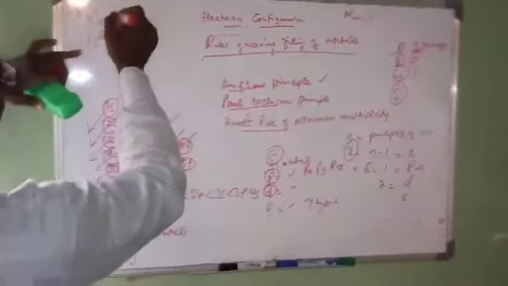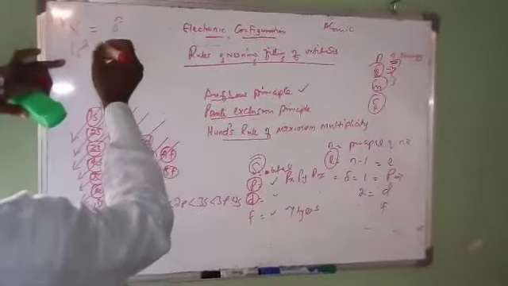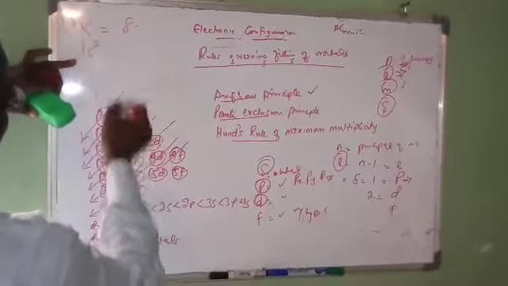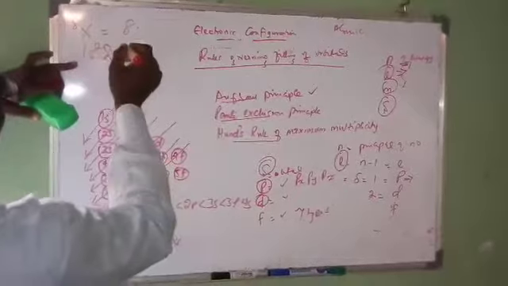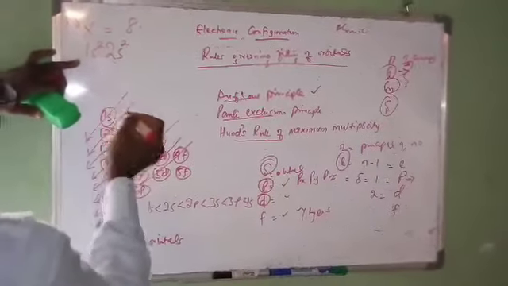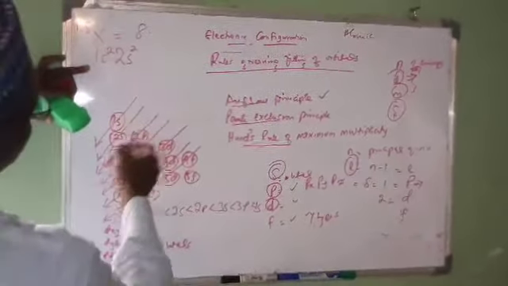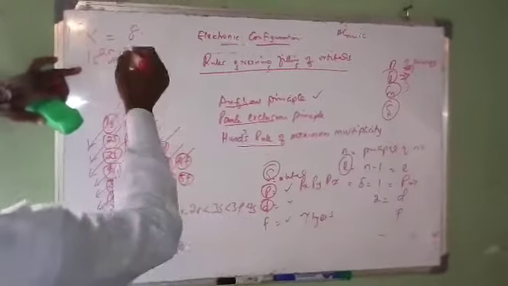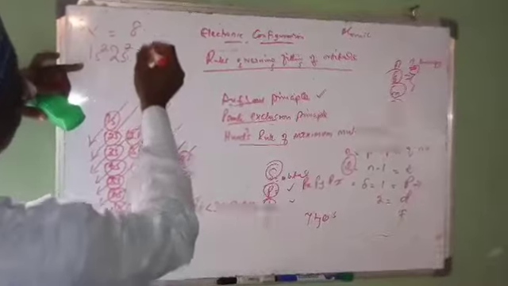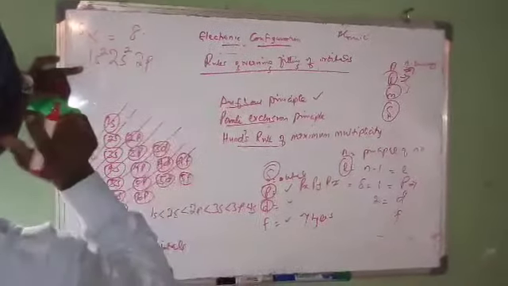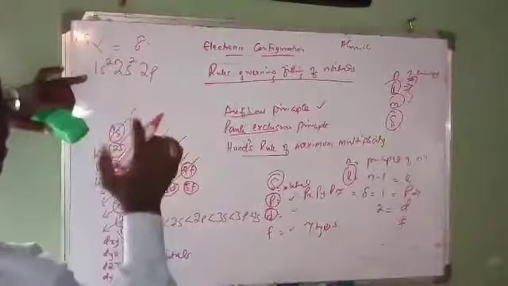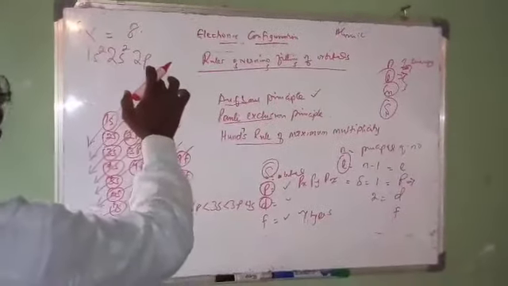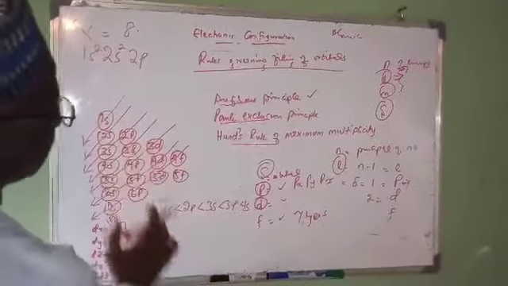The atomic number of this X is 8, so 2 from 8, we have 6 remaining, then followed by 2s. 2s can accommodate a maximum of 2, remaining 4. The 4 will now move to the next, which is the 2p. The 2p can accommodate a maximum of how many? We have 3 types of p orbitals, and these p orbitals are degenerate.